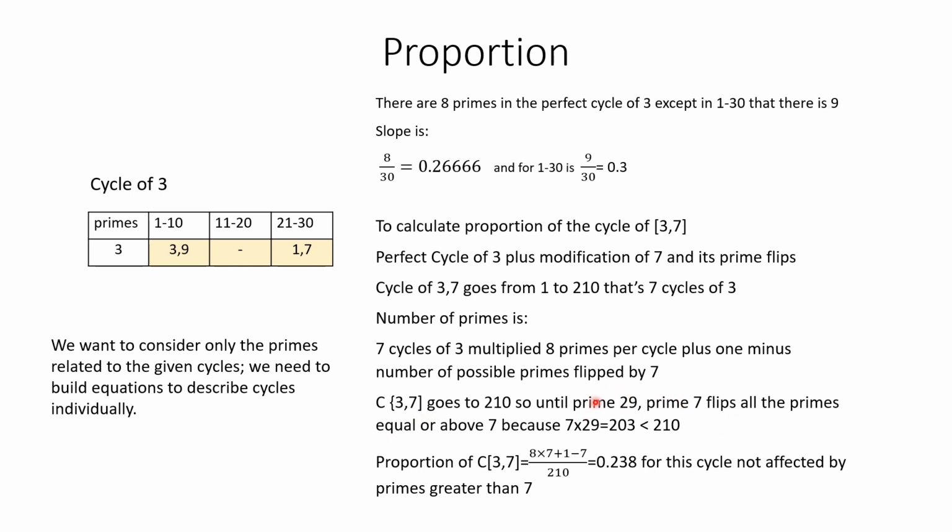So this will be the proportion: 8 primes per cycle of 3 times 7 cycles of 3 for 210, plus 1 for the 3, right? Minus 7 prime flips. So we will have a proportion of primes in the cycle of 3 and 7, without being affected by other primes, of 0.38.